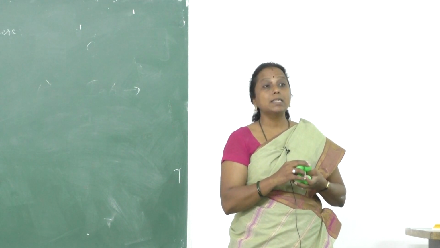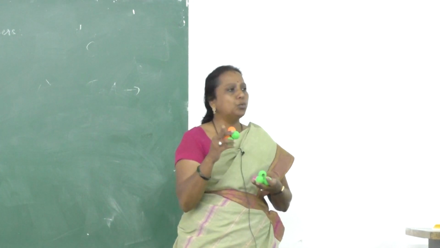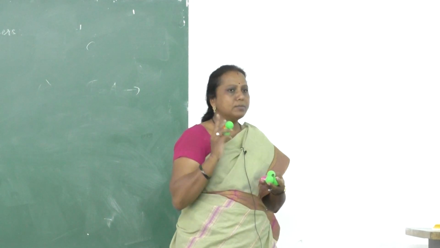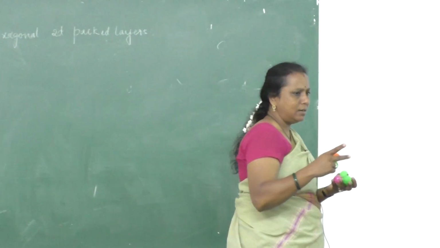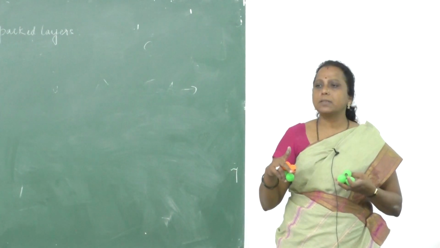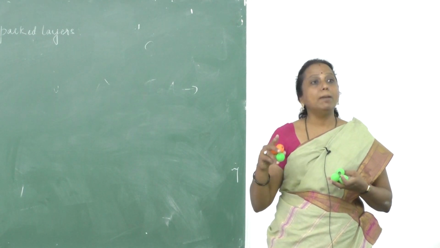So we can get simple cubic lattice and body centered cubic lattice from what type of layers? Square 2D packed layers. From square 2D packed layers, we can get two types of lattices. One is a simple cubic lattice which follows the AAA pattern. The other is the BCC lattice which follows the ABAB pattern.